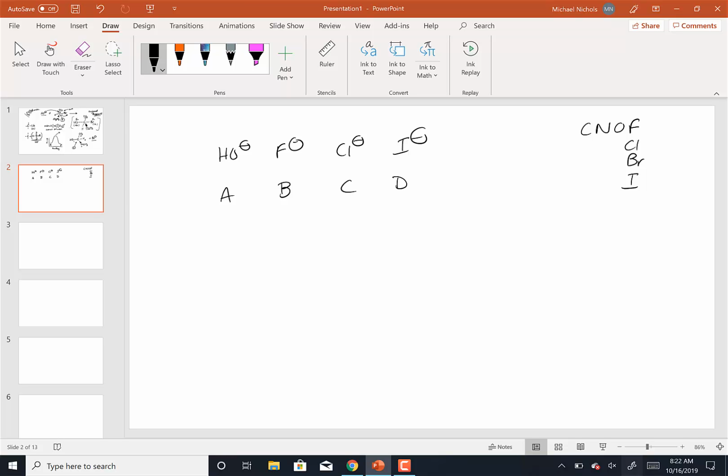I got 6 hydroxides, 4 fluorides, and 10 iodides in terms of which one is the better nucleophile. Okay. So, first of all, let's break this down. Of hydroxide and fluoride, which one is the stronger nucleophile?